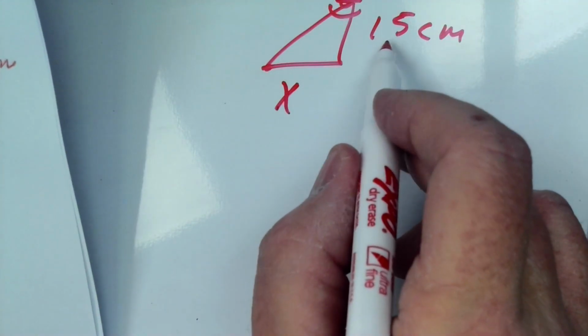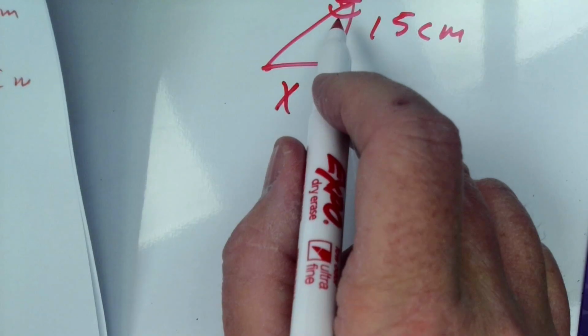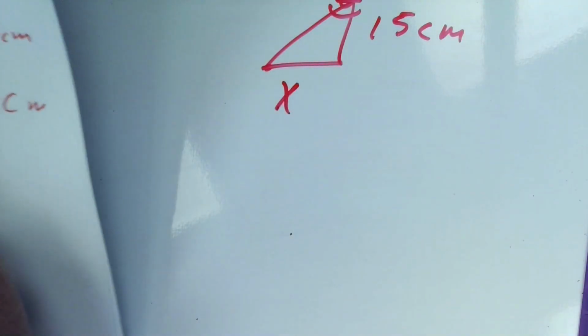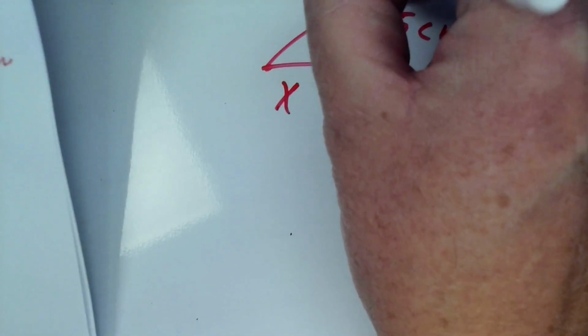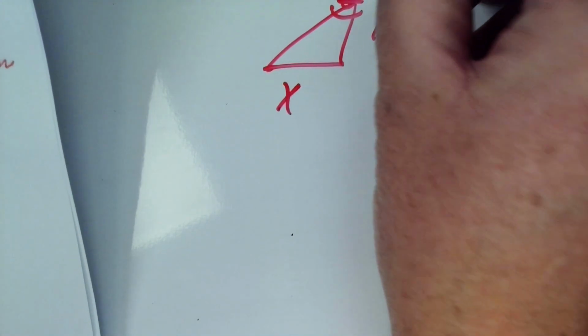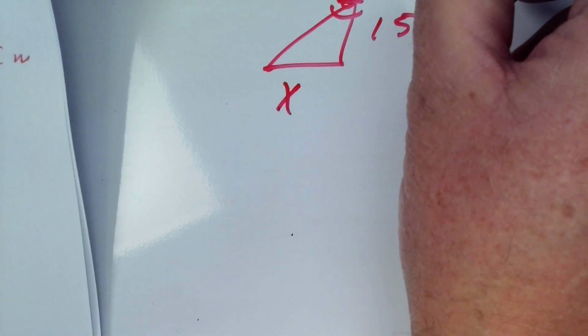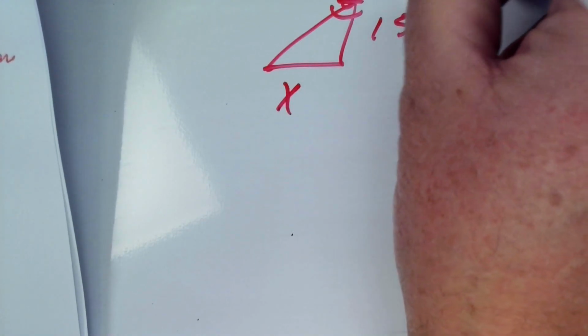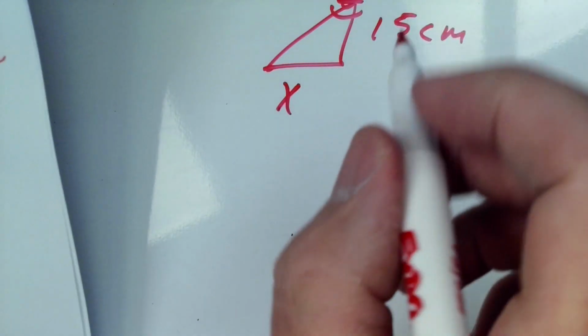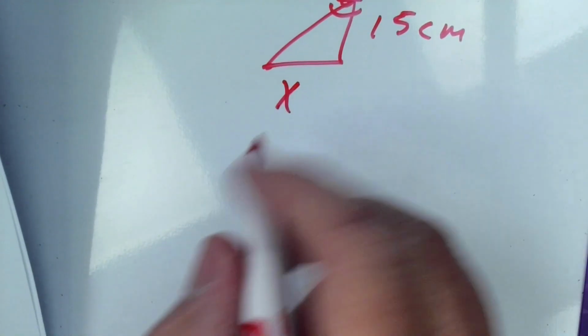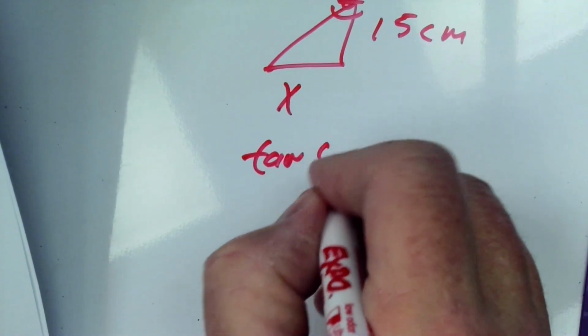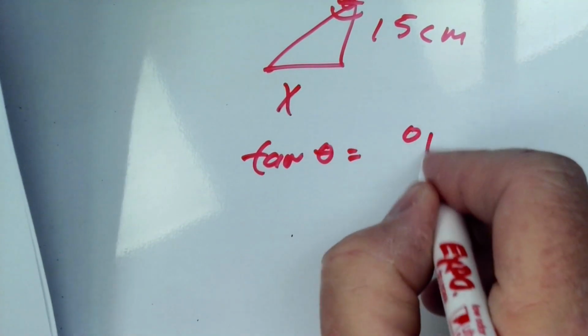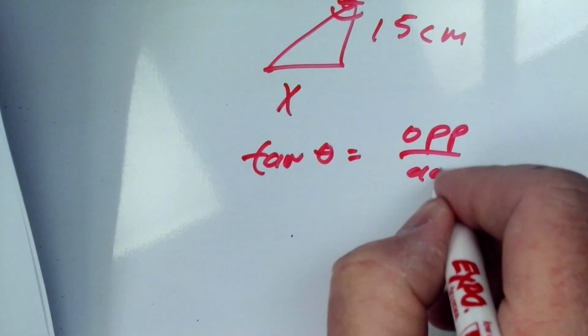So to do that, we know that the tangent of theta equals 0.4. So we know that tangent equals opposite over adjacent.